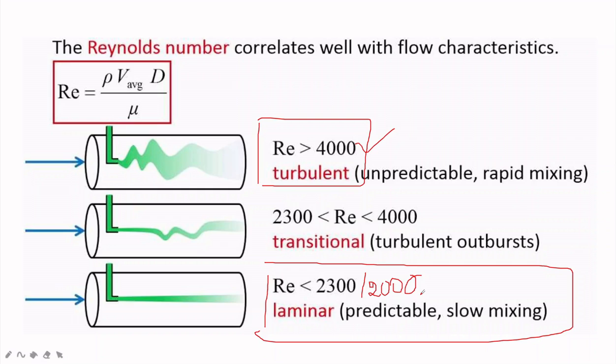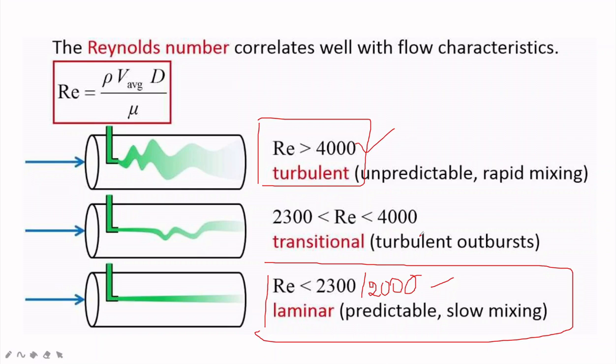If it is between 2000 and 4000, it may be laminar, or turbulent, or transitional. Transitional means it is just changing from laminar to turbulent. The value is like this. You have to remember these values, very important for your objective types of competitive exams.